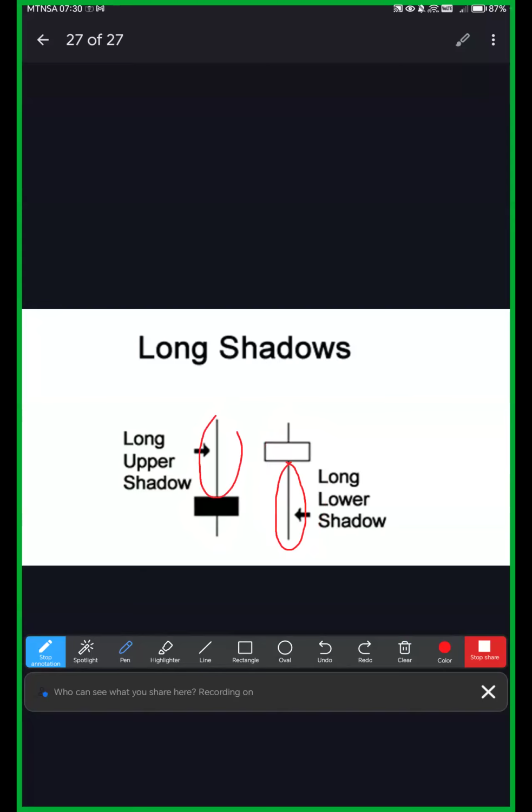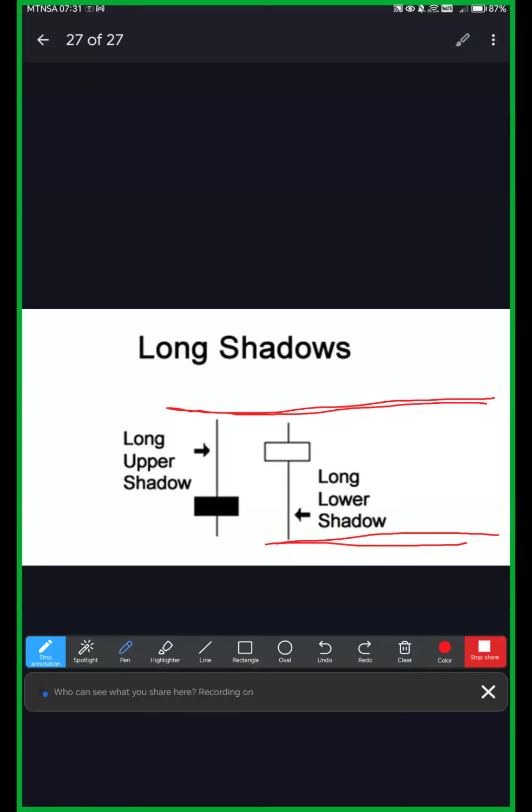This one has got a long upper shadow. First of all, the shadows tell us how high the price went. They also tell us how low the price went.